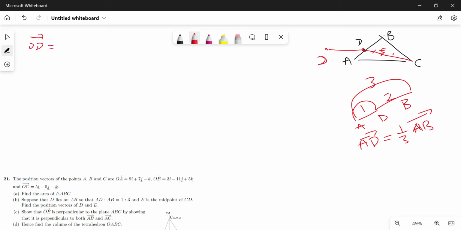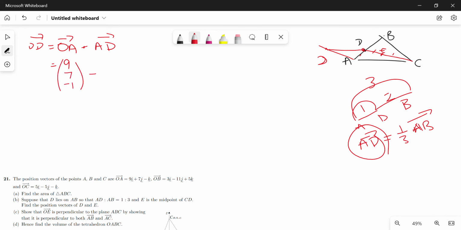So to get OD, what are we going to do? Well, let's start at O, maybe go to A first. So OA, and then go AD. And we know AD is a third of AB. So OA, we've already got A from previously.